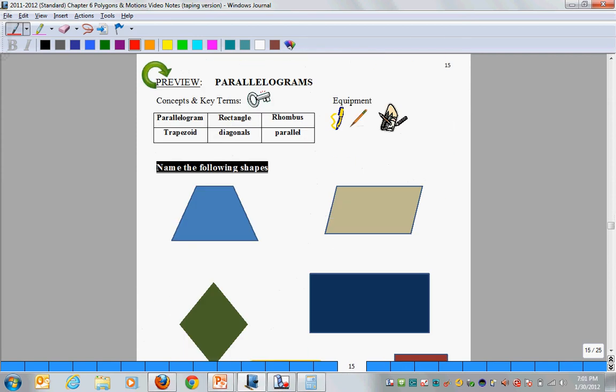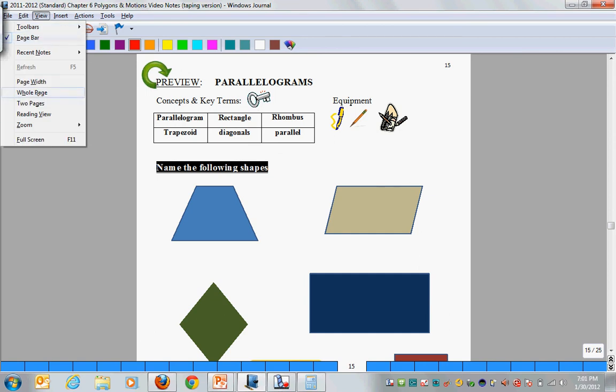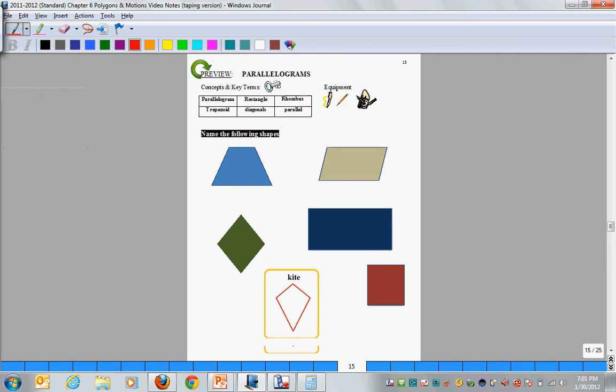For the next couple lessons, we're going to be focusing in on quadrilaterals, four-sided shapes. The most important being a parallelogram. So let me introduce you to the four-sided shapes that you need to be familiar with. The first is this shape, which is called a trapezoid.